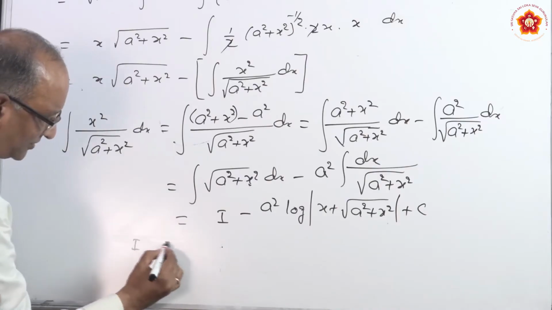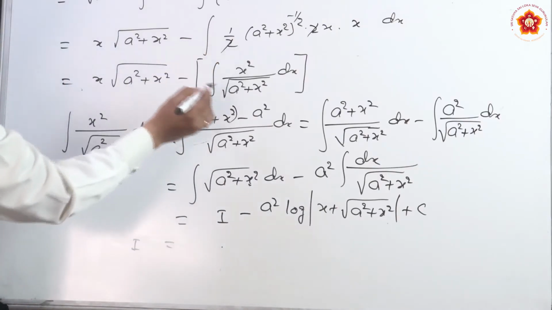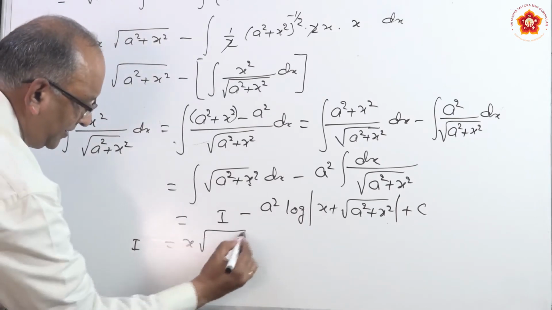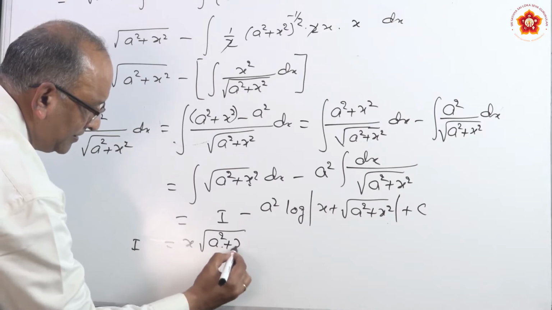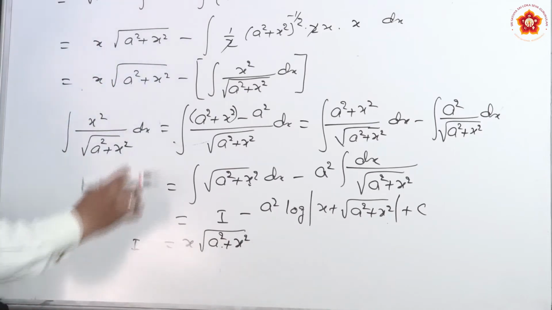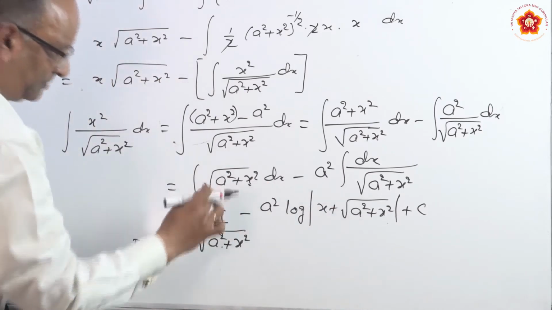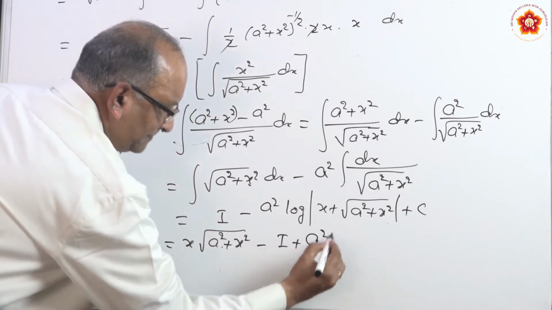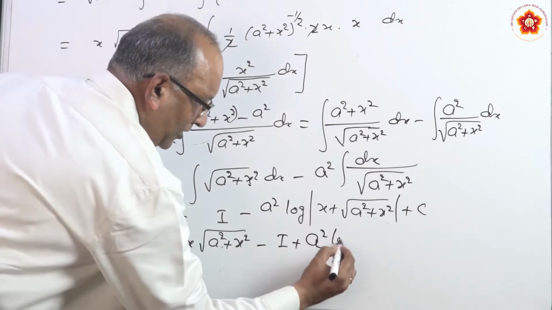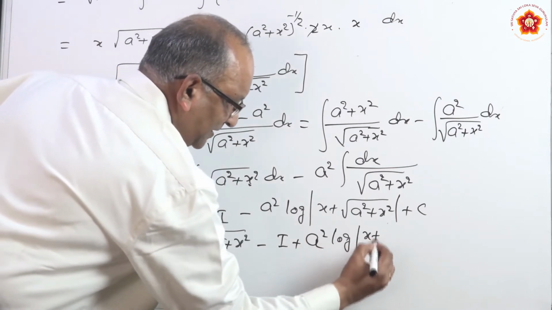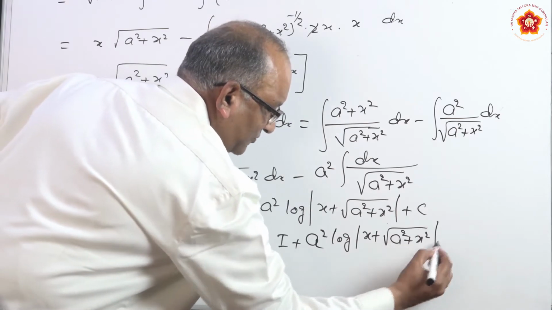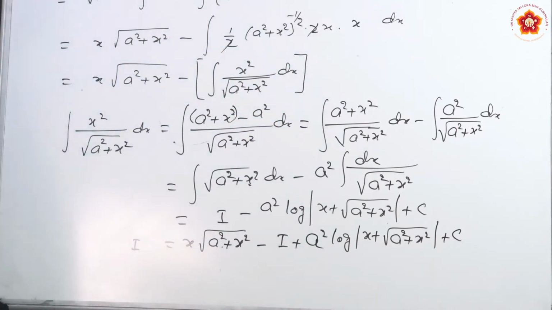I is equal to, remember we are substituting the value of this square bracket, but before that we have x under root of a square plus x square minus the whole thing to be multiplied. So, it is minus I plus a square log of x plus under root of a square plus x square, plus c.